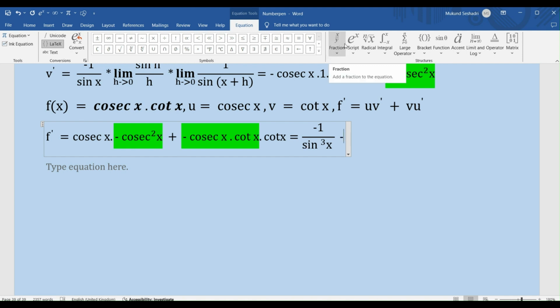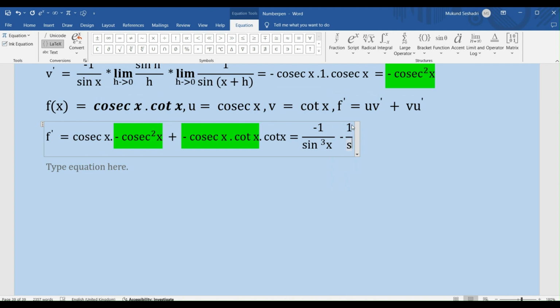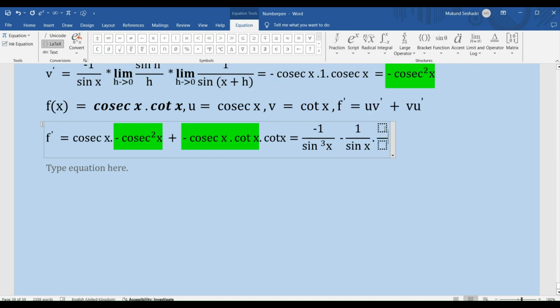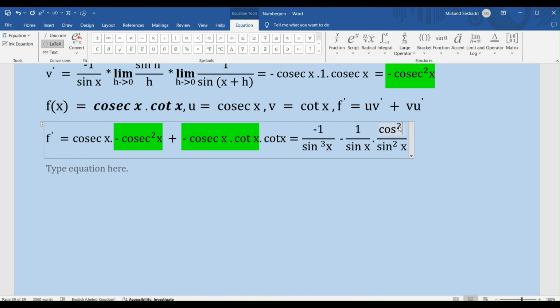And what is my cosecant x? My cosecant x is 1 by sine x into cot x is cos x by sine x, the whole square, because we've got two cot x out here. So I'm going to write this as cos by sine. All that I've done is represented cosecant x and cot x in terms of sine and cos, right?